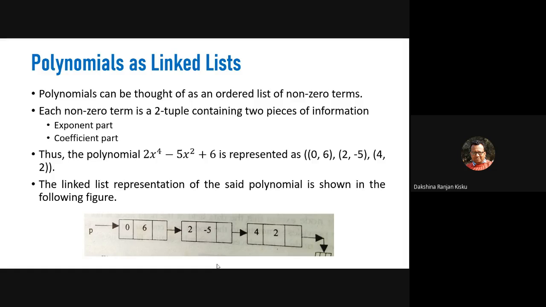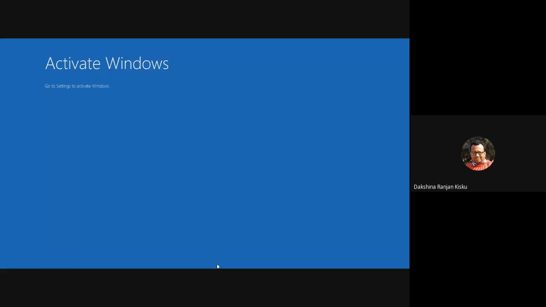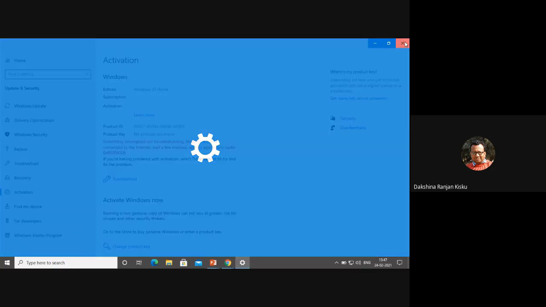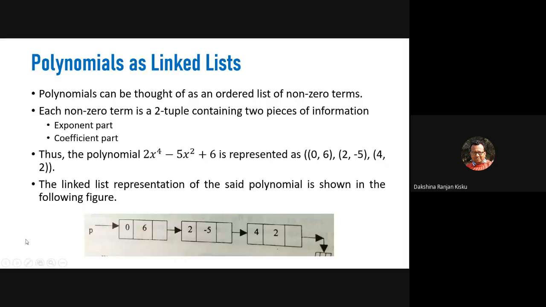Okay, and there is a link part, and that link part will contain the pointer that will point to the next node. So the next node, or the second node, contains two data parts. One is the exponent part 2 and the coefficient part -5. Okay. Similarly, we will have the exponent part and coefficient part in the last node. Okay.